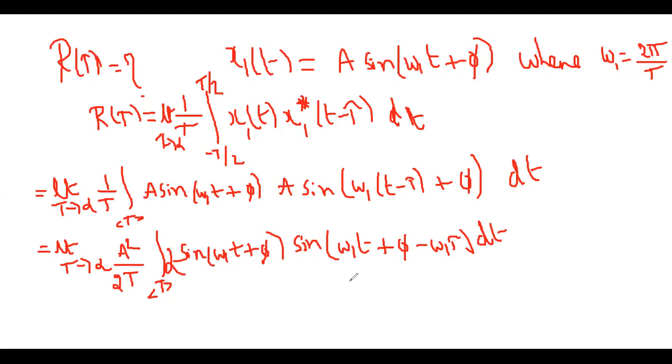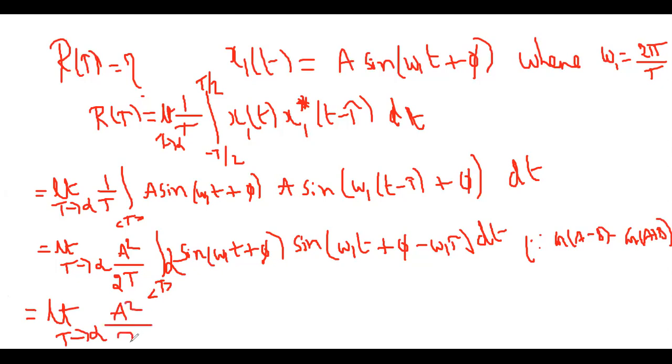We already know sine A sine B is cos A minus B minus cos A plus B. Cos A minus B. Since using that, it is cos A minus B minus cos A plus B. It becomes 2 sine A sine B is equal to limit t tends to infinity A square by 2t.